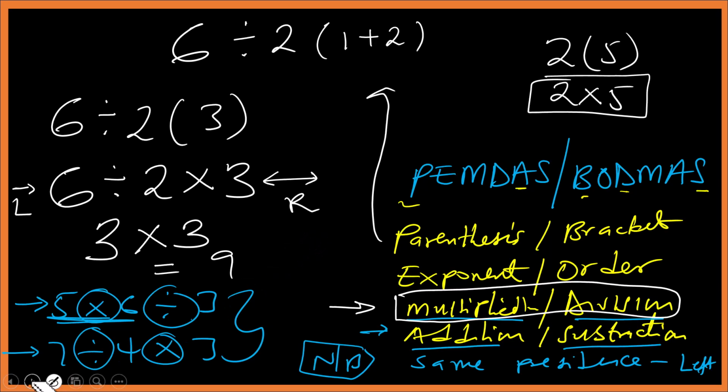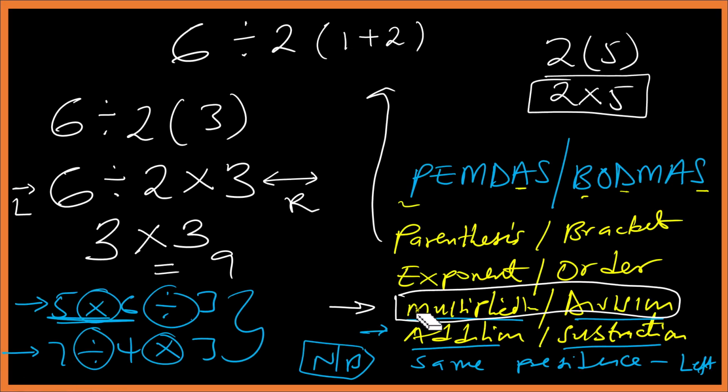Go ahead and try this one. We have 10 times 5 divided by 2. Now remember the rule. We have multiplication and division, so 2 orders of the same precedence.